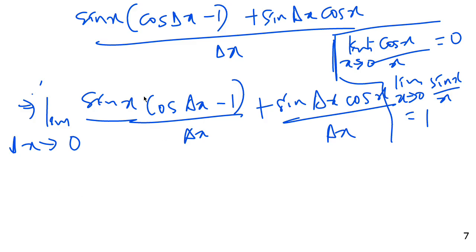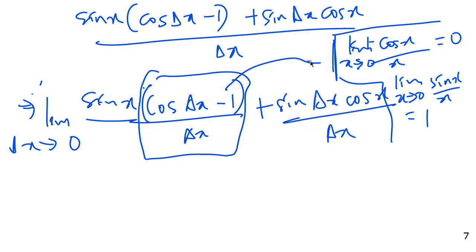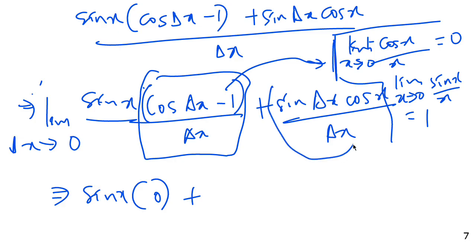Looking at this portion, this is similar to this. So we can then say that the limit is sin x times 0, plus, this is in conjunction with the limit as x tends to 0 of sin x over x, so that's 1 times, there's a cos x left here.